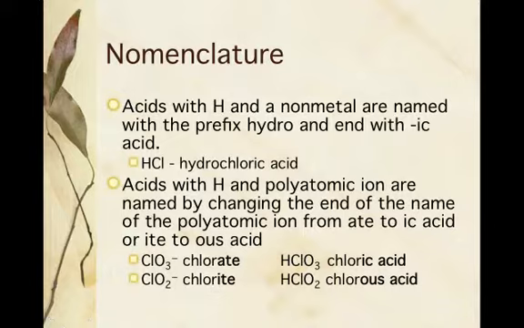Bases with the hydroxide ion are named as the hydroxide of the metal in the formula. So NaOH is just sodium hydroxide, potassium hydroxide. It's normal nomenclature. Why are there two hydroxides here? Because barium has what charge? It has a 2+ charge. A hydroxide is a -1, so barium must be a 2+.